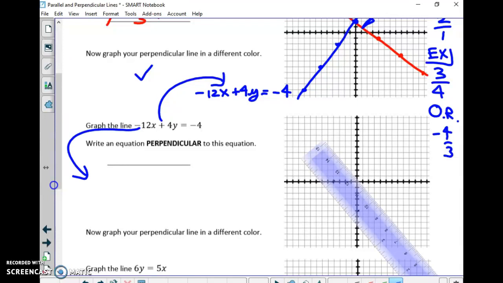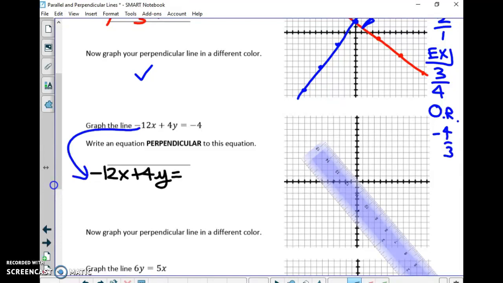Either way, okay? Now, if I solve this, what am I going to do first? Actually, I will bring it down there. Wherever you want to solve it is fine. So what do I need to get rid of first on the left side? The x term, right? Just like our warm-up. How do I get rid of a negative 12x?